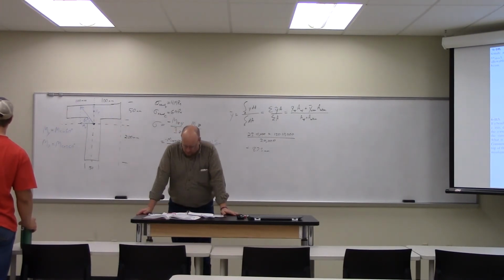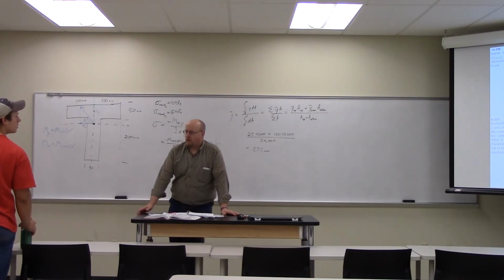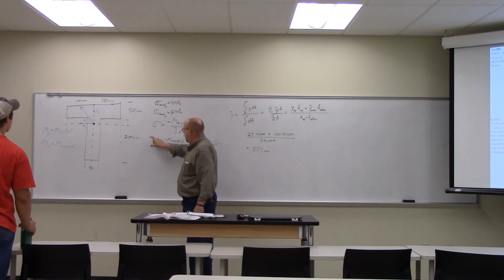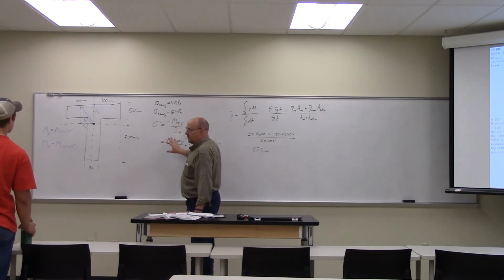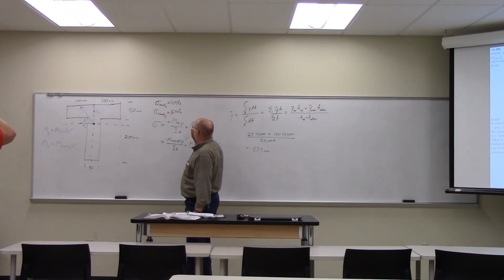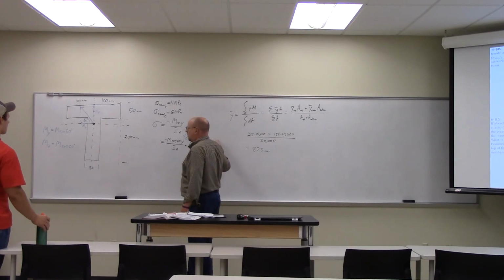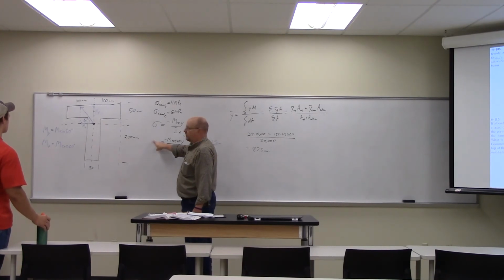So you'll plug in the sigma and find the M that gives me that sigma. In other words, for this set of coordinates, for compression, up in that corner, I use the first set of coordinates and know that it's going to equal 6 megapascal, and solve for what M is going to create that.